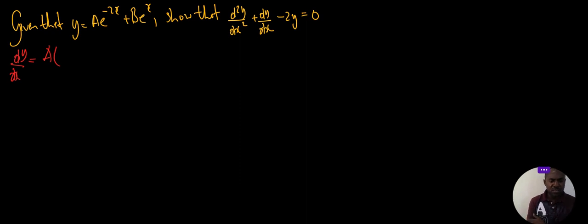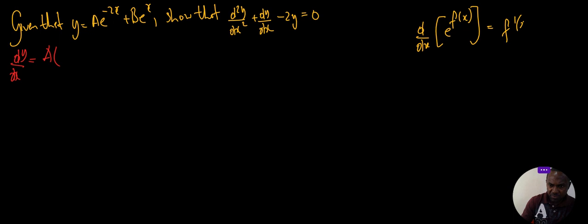Again, we're differentiating a composite exponential function, and so typically we can say that d by dx of e to some function f of x is simply equal to f prime of x e to the f of x. So we basically keep the composite exponential function and multiply by the derivative of the exponent, right?